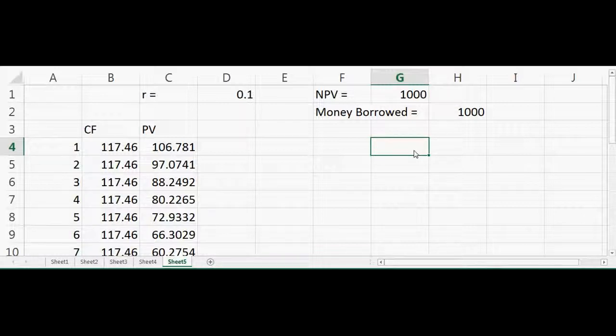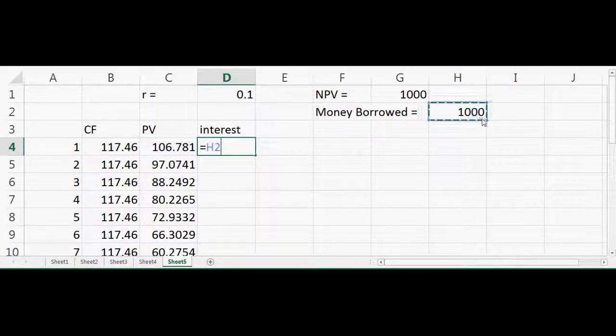So what we can do is that at the end of 1 year he will be paying the interest on $1000, right? And the interest rate is 10%. So we'll calculate the interest as equal to principal times the interest rate. So that is your $100, but he's making a payment of 117.